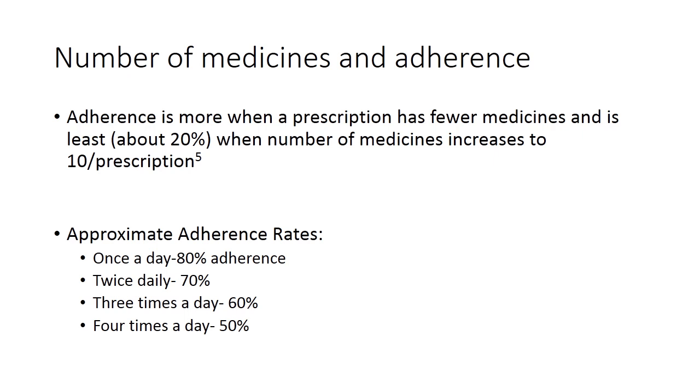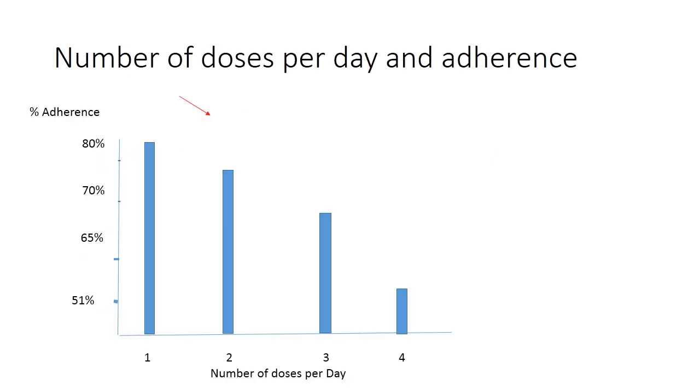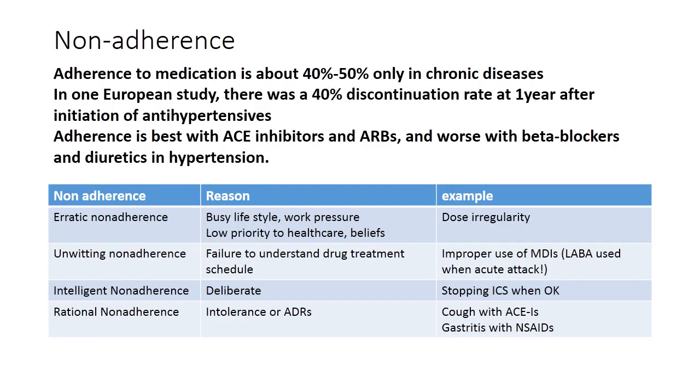Number of doses per day also determines adherence, and it has been found that as the number of doses increases from 4 onwards, the compliance or adherence is reduced from 80% to around 50%.